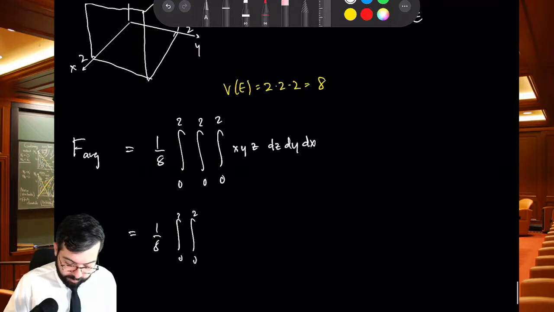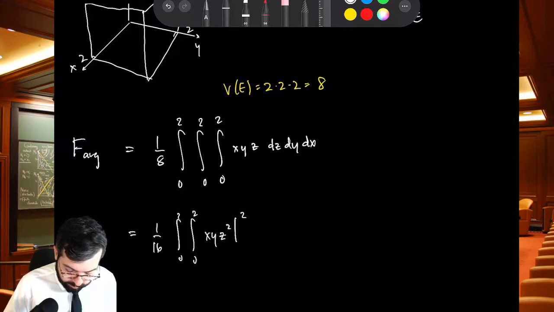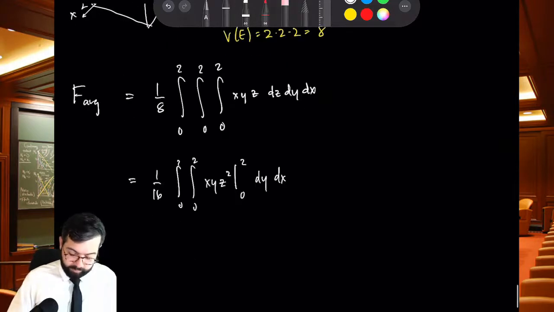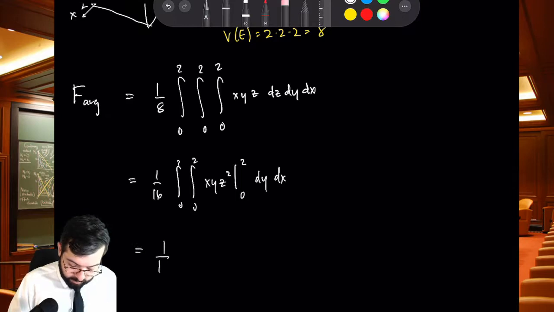So integrate with respect to z first, so we'll get a half, so I'll drop that out to a 16th, x, y, z squared from 2 to 0. So that's 4. So 1/16. We'll bring the 4 out and worry about it later.